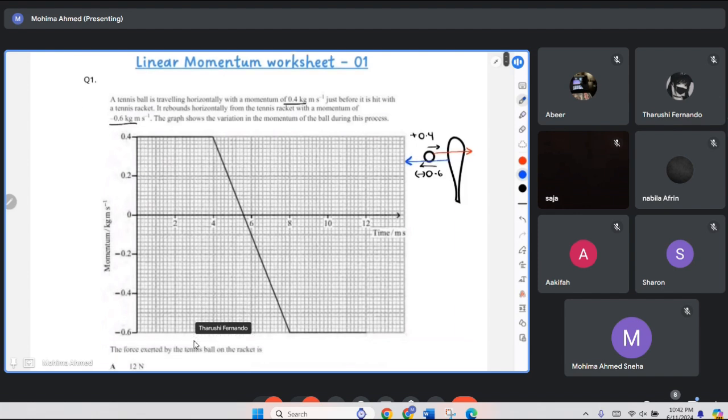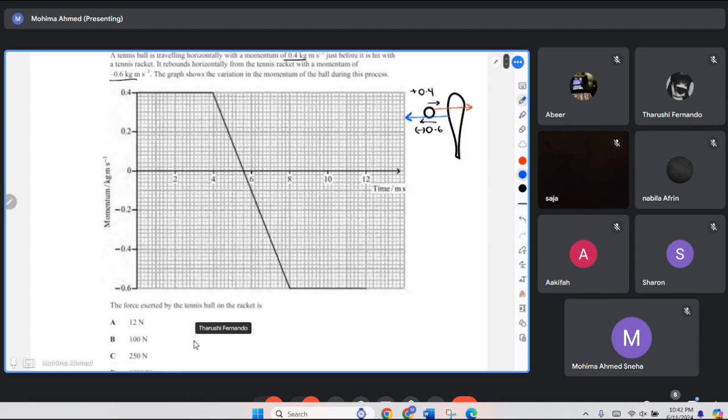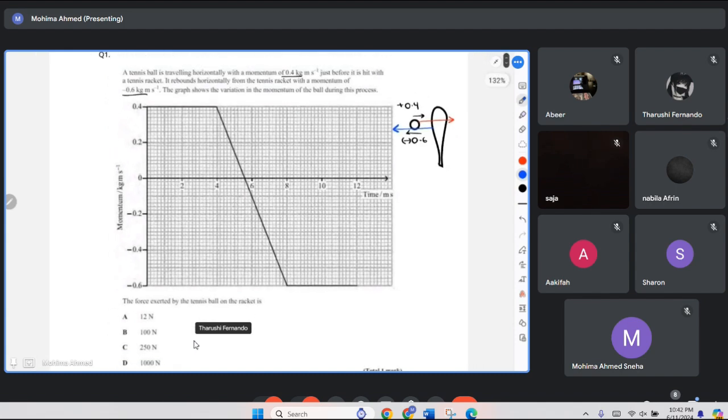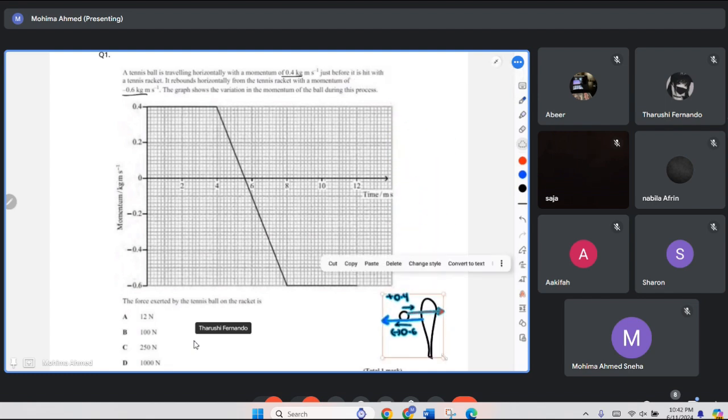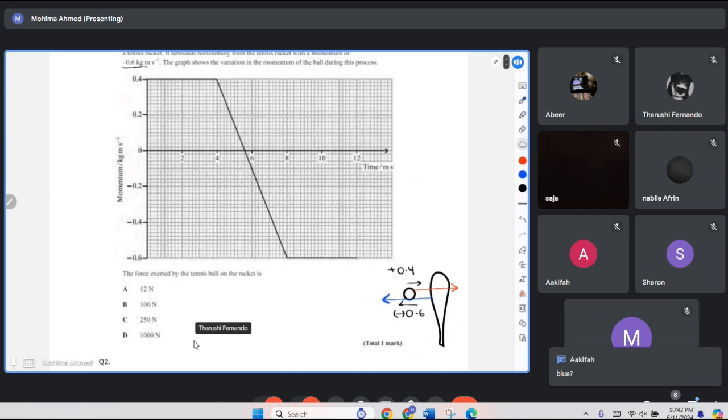Which one are you trying to find out? The red one or the blue one? No, the blue one is the force exerted on the ball. We are trying to find out the force exerted on the racket. So on the racket is this one.